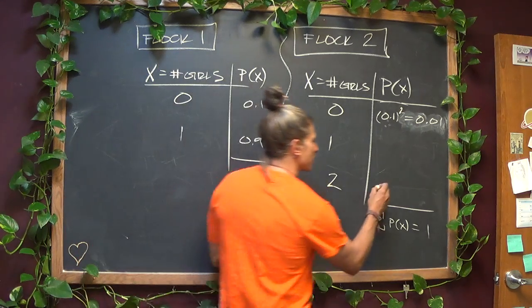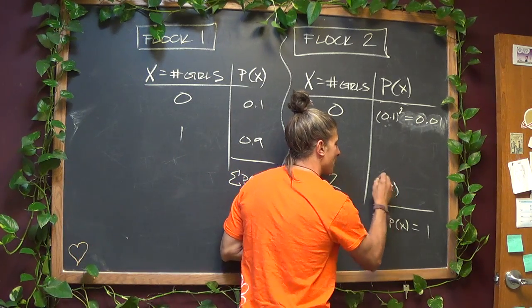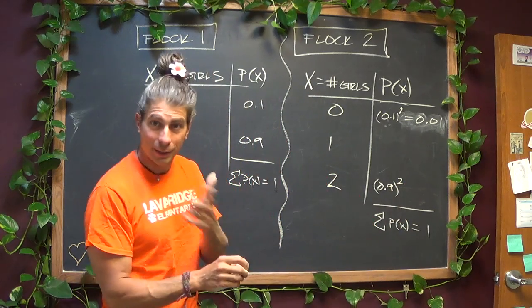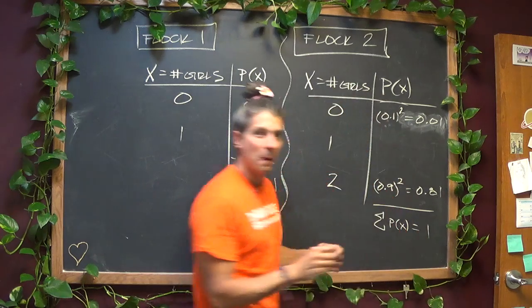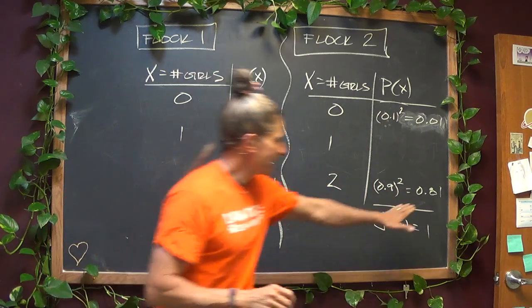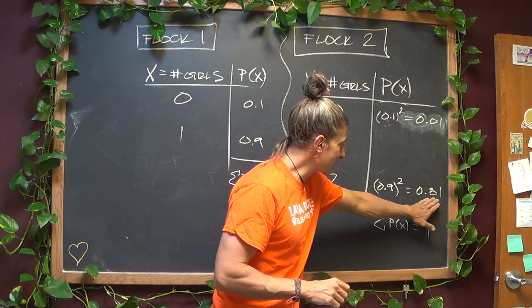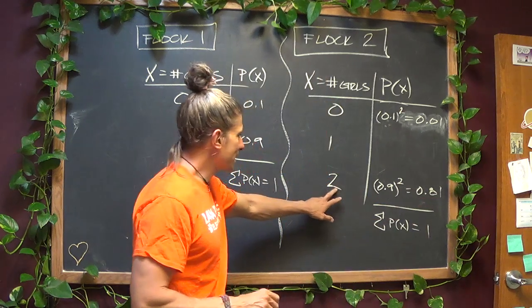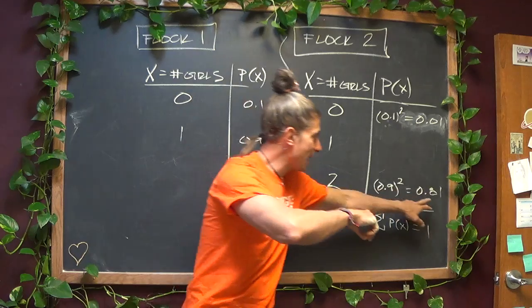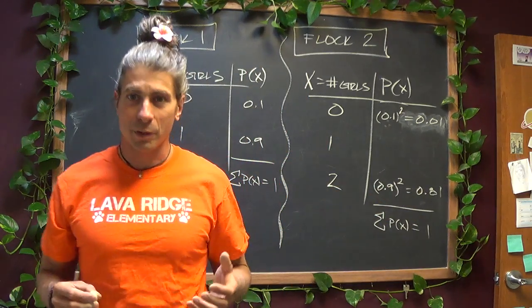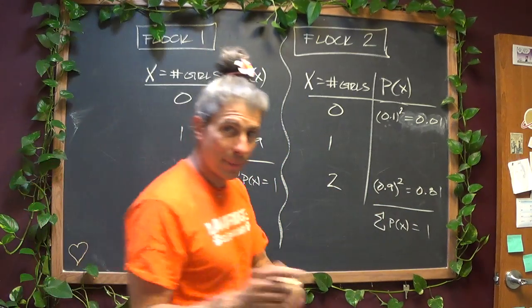This one. Because if you get 2 girls, that means it's going to be 0.9 squared, which is 0.81. 81%. So this is 81%. That means the option of getting 2 girls is going to happen 81% of the time.